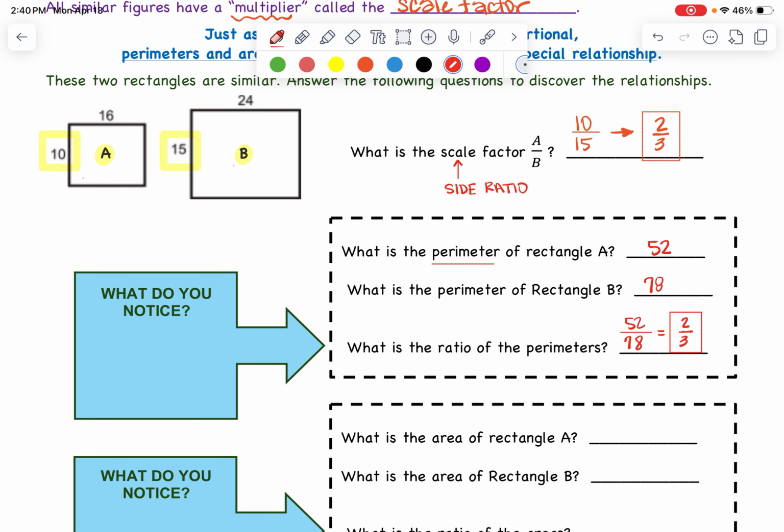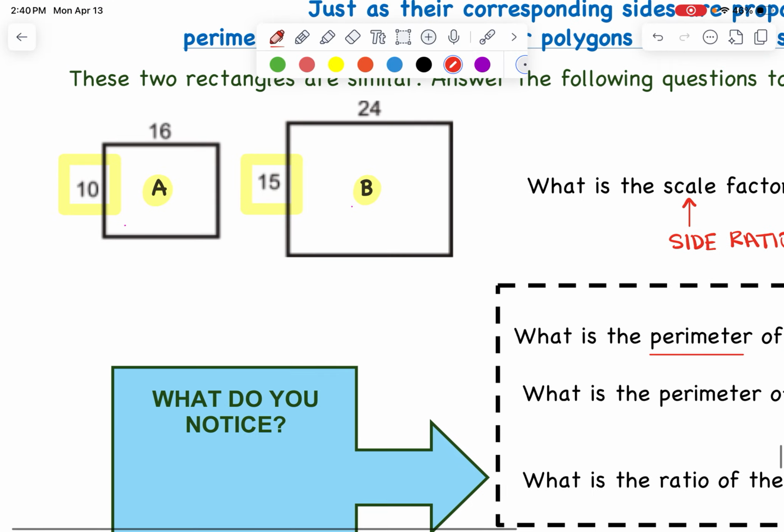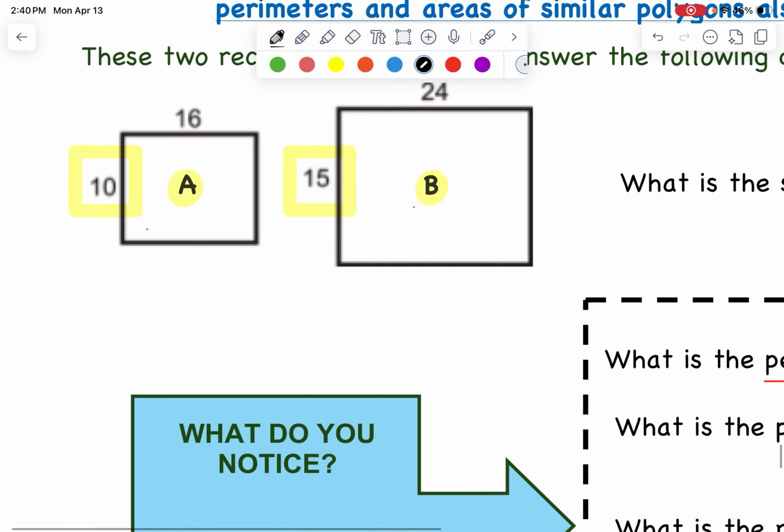I hope that makes perfect sense, because perimeter is just the addition of all the sides. You don't have to write this down, but you can think of perimeter as one giant side length. Let's imagine there's a lock right here on this little corner, and I wanted to unlock the rectangle.